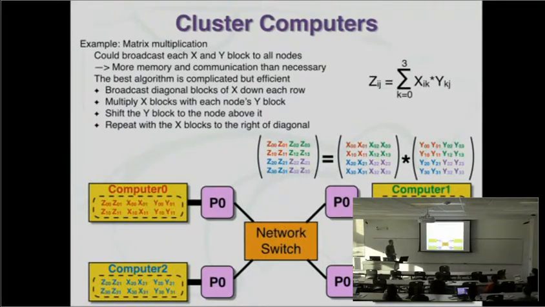To calculate Z0, so i and j are both 0, I need four multiplications summed together. So to get Z0, or Z00, this element, I need X00 times Y00, then X01 times Y10, so that times that, and X02 times Y20.